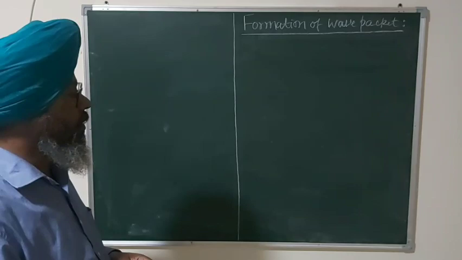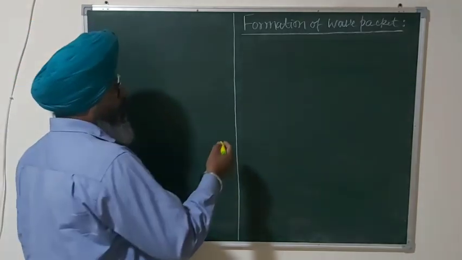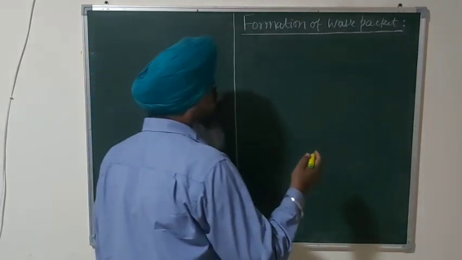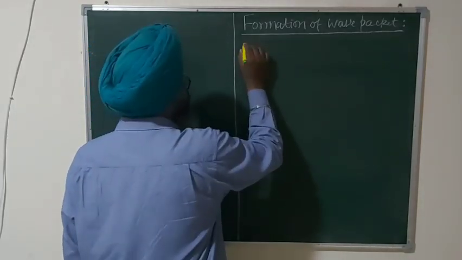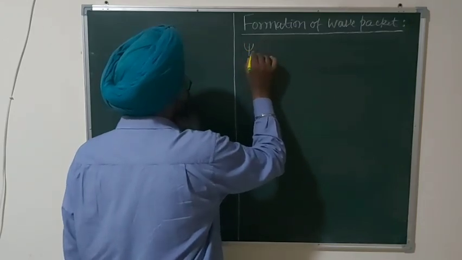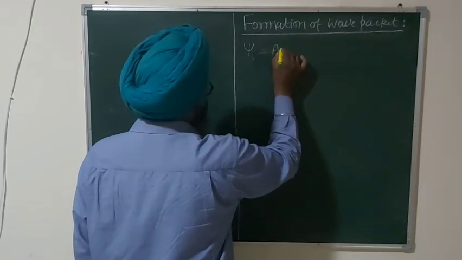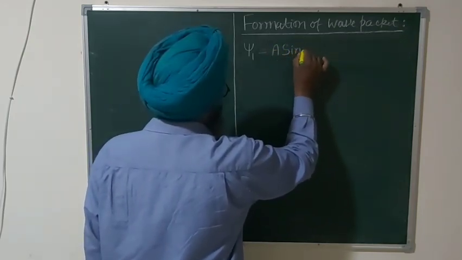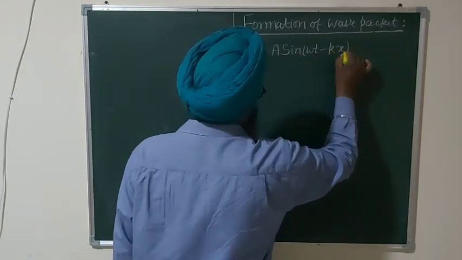So in that sense, if I consider two de Broglie waves, then I can write the shape of these de Broglie waves as follows. Let us say one of the de Broglie waves is given by the wave function psi 1, expressed as a sine of omega t minus kx.